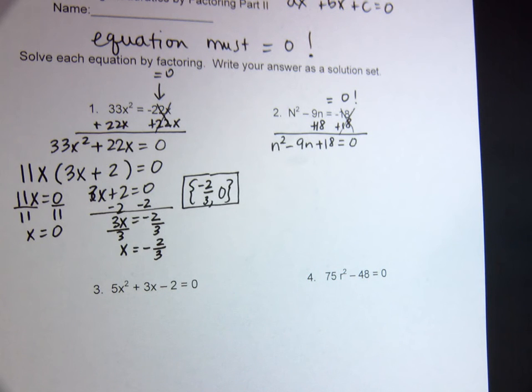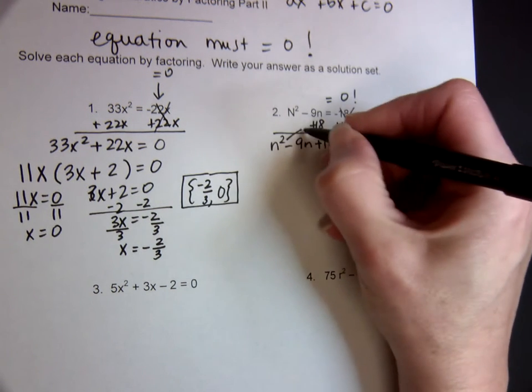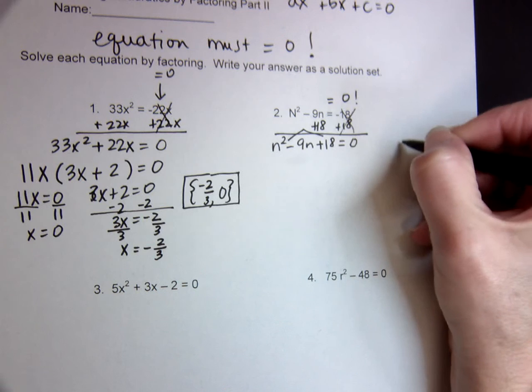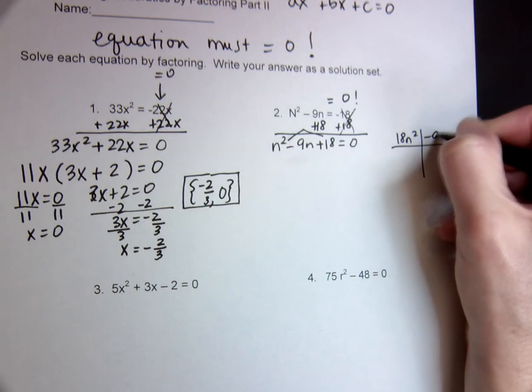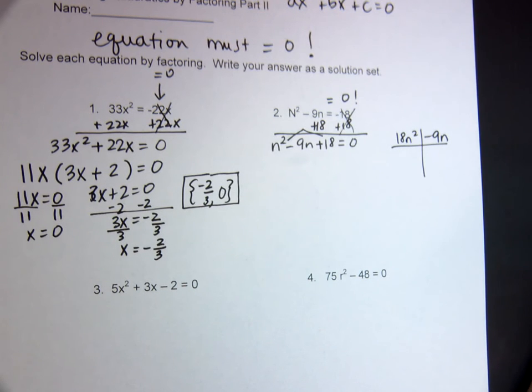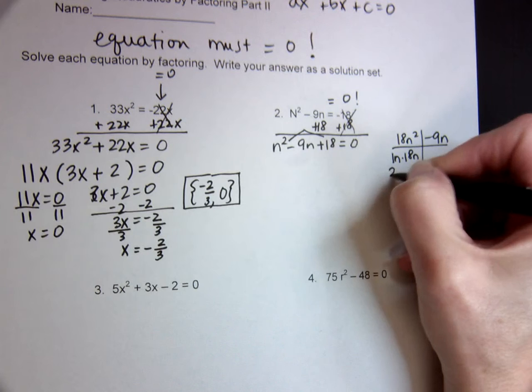First step in the factoring process is to look for a greatest common factor. Is there one? No. Are there 2 or 3 terms? 3, so that means we rooftop. So then n squared times 18 is 18n squared, and we need to add to a negative 9. So we think of all the numbers that will multiply to 18.